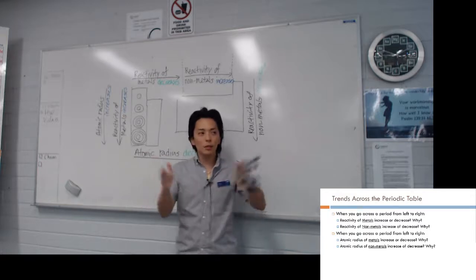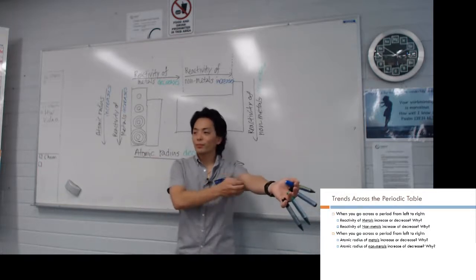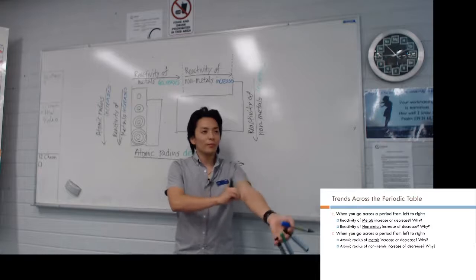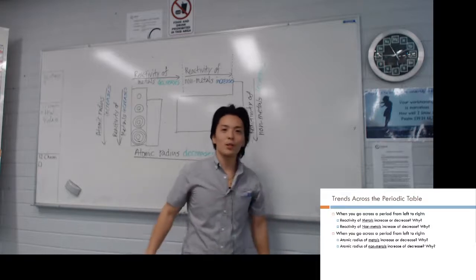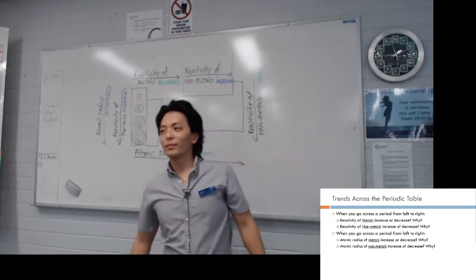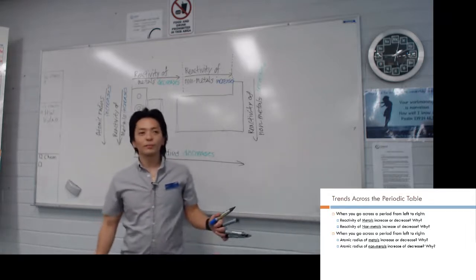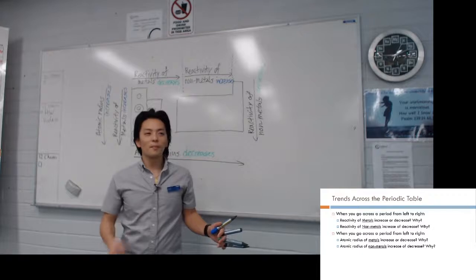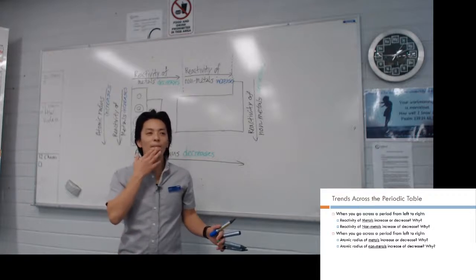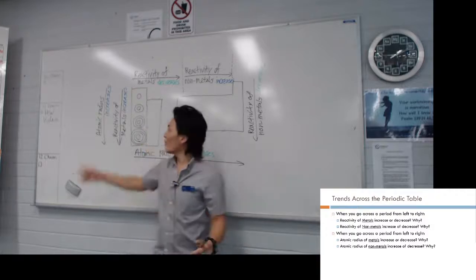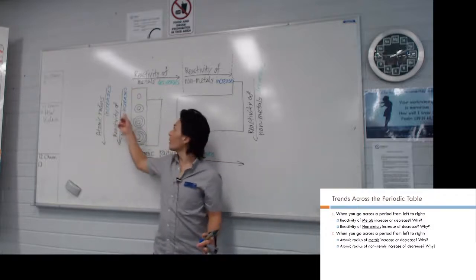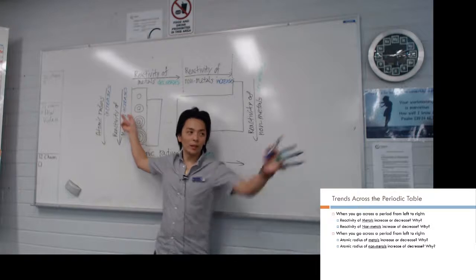So as the atomic radius increases, what happens? In your own words, can someone summarize that? For metals, we are saying it's increasing.